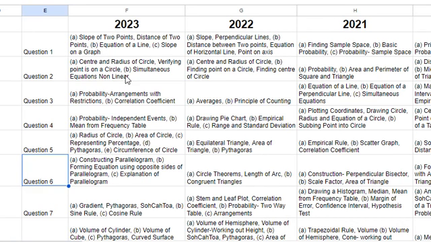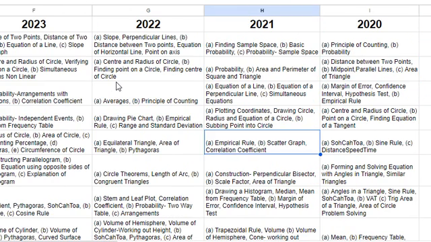You'll see there in the circles question, there has to be a circle question generally. Question 5 is a circle as well, but it's still an area of a circle. So question 2 in 2023, center and radius of a circle is in part A. And then same thing in question 2 in 2022, center and radius of a circle.